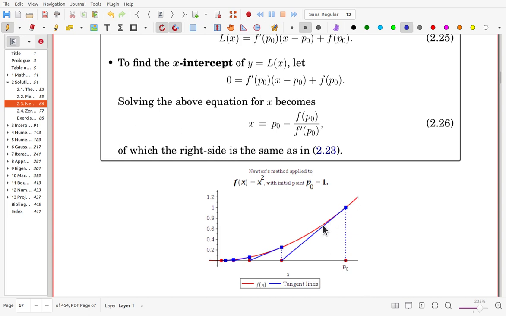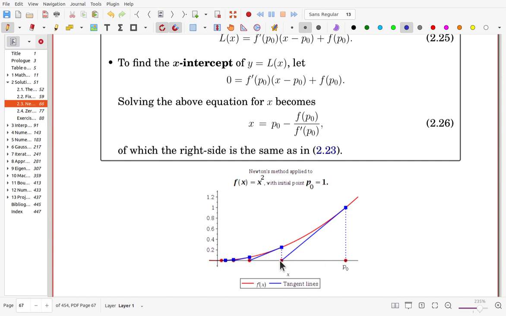For the curve, we need to find the x-intercept. The zero is the x-intercept. Rather than the curve, we are using a locally linear function. So it's the tangent line, and rather than the intercept of the curve with the x-axis, we are trying to get the intercept of the tangent line.